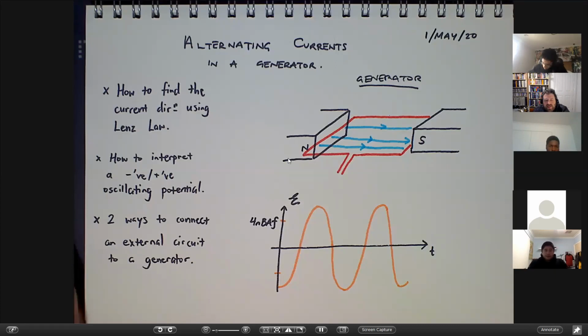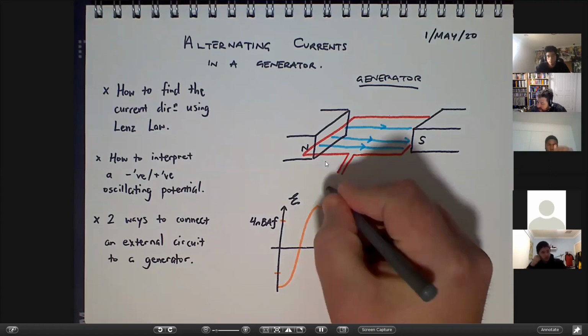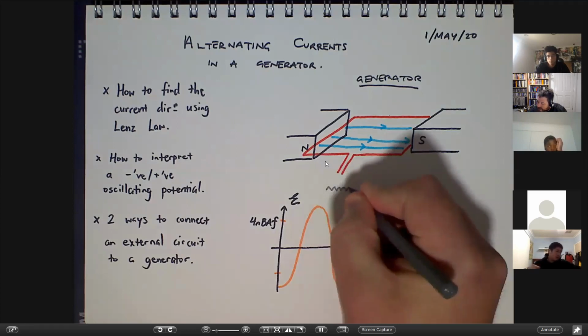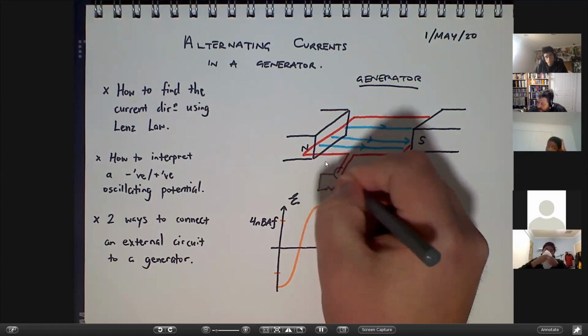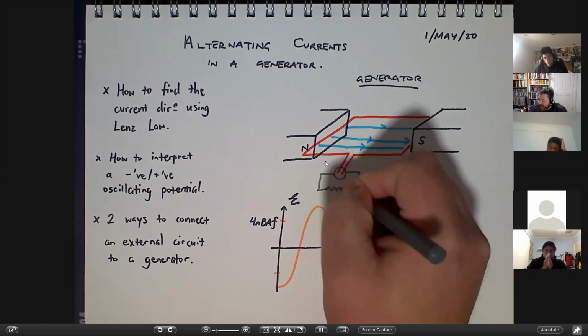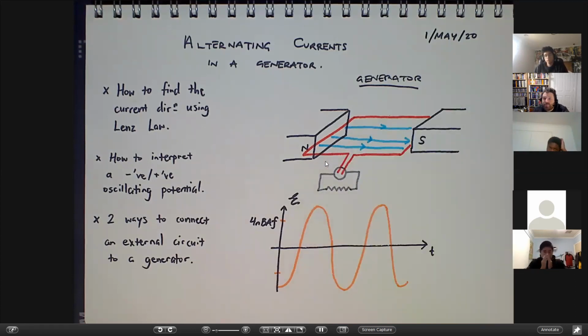And then lastly, we're going to talk about how we actually physically grab this electricity and put it into an external circuit. So if we've got a heater or whatever over here, how do we actually hook ourselves onto this thing and get that electricity out?